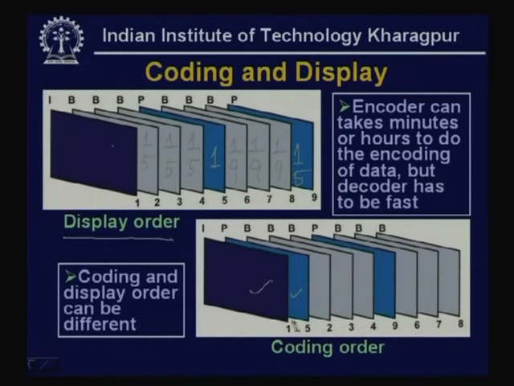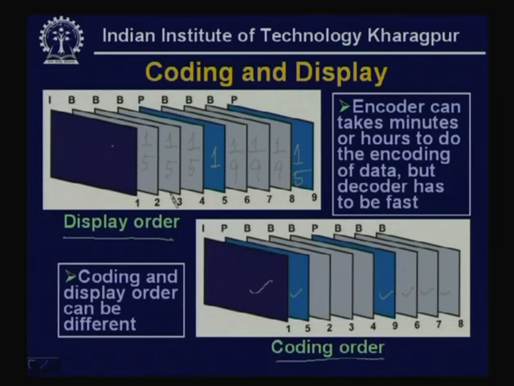So, it is necessary to receive frame 5 before 2, 3 and 4 can be reconstructed at the receiving end. That is why 1 is sent, then 5, then 2, 3, 4. Similarly, 9 is sent before 6, 7 and 8. So, you can see the display order and the coding order are different.